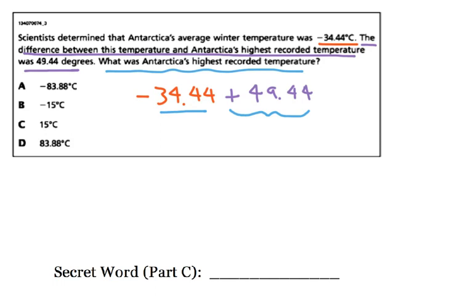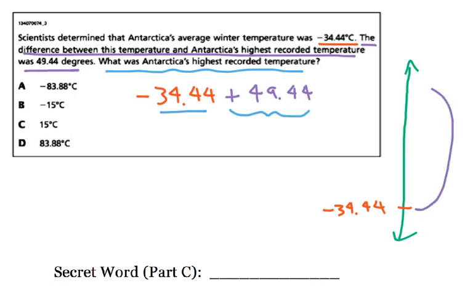And it really helps to see this on an open number line, because it's saying that this is the average temperature, and then the highest temperature is this much higher, 49.44 degrees higher. And then it says, what is the highest temperature? So we got to figure out what that equals.